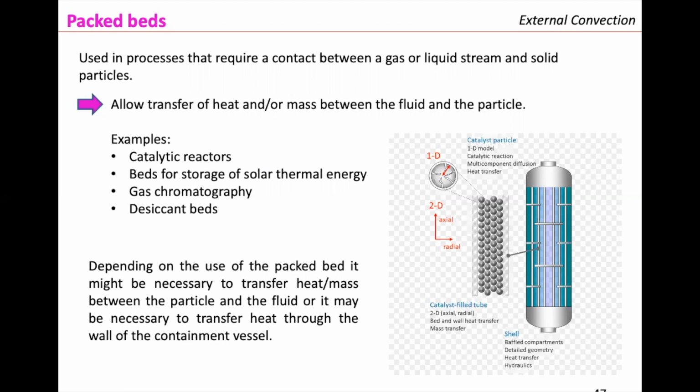So examples: catalytic reactors, beds for storage of solar thermal energy, gas chromatography, and desiccant beds. Depending on the use of the packed bed, it might be necessary to transfer heat or mass between the particle and the fluid, or it might be necessary to transfer heat through the wall of the container vessel. So that depends on the application and the use.